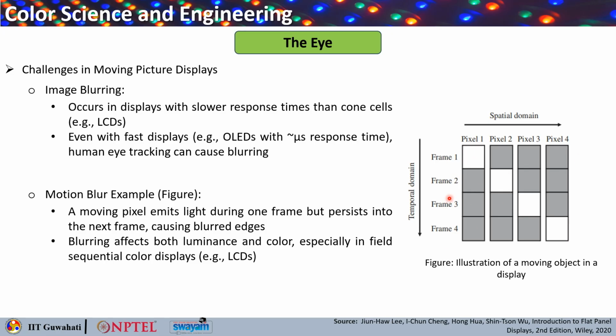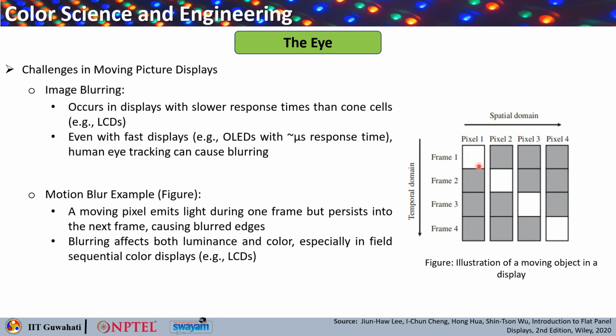I believe you could guess that this bright spot is moving diagonally. For the emission from pixel 1 in the spatial domain during frame 1 in the temporal domain, the signal persists at the pixel 1 location during the beginning of frame 2, resulting in image blurring at the edge of the moving object, even though the response time of the display is much shorter than that of the eye.